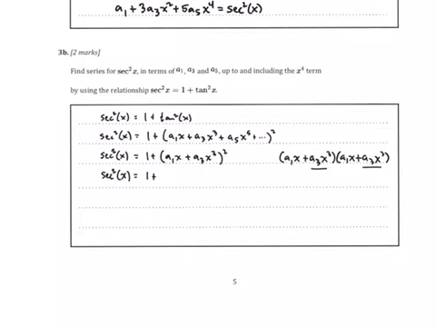So I'm going to have a1 squared x squared plus 2a1 a3 x to the fourth. I'm neglecting the last term, which would have been a3 squared x to the sixth, getting rid of that term clearly because that's going to go beyond a fourth degree polynomial. So secant squared x could be represented using the following.